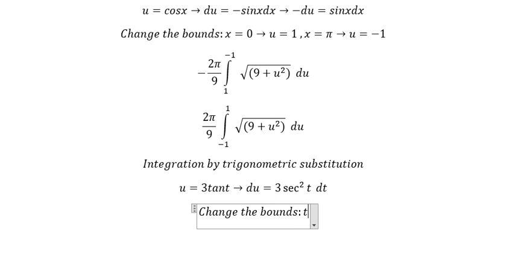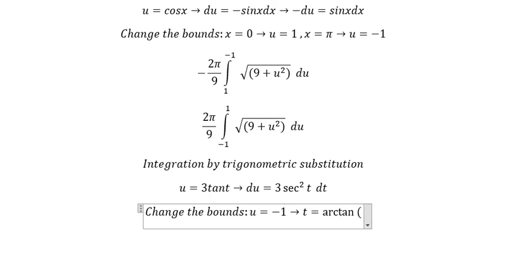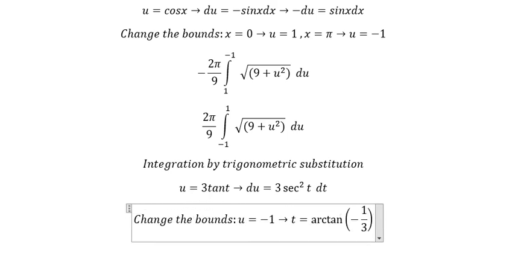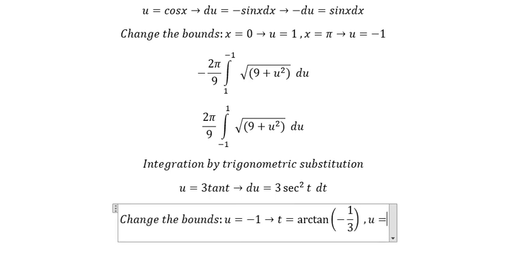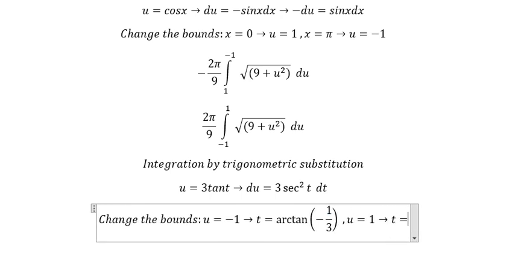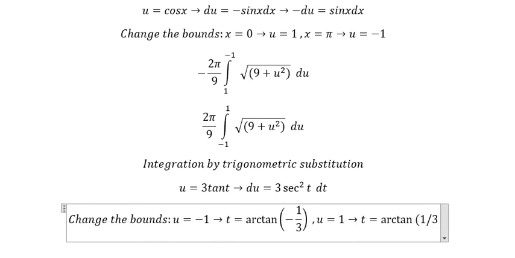When u equals negative 1, we put negative 1 in here. Later, we divide both sides by number 3. So t equals arctan of negative 1 over 3. When u equals 1, t is arctan of 1 over 3.